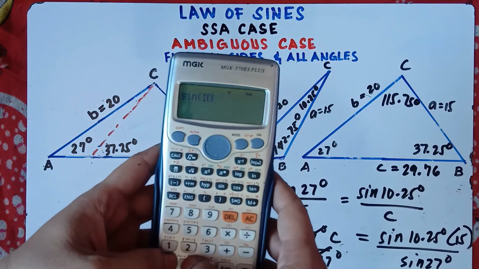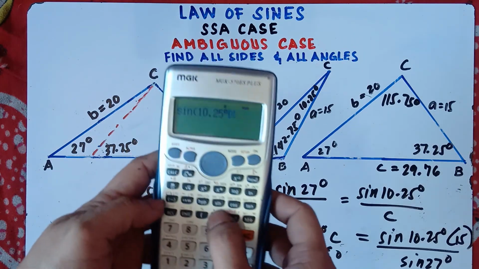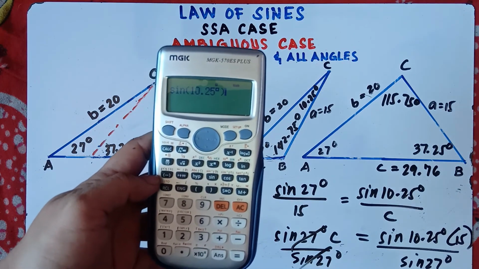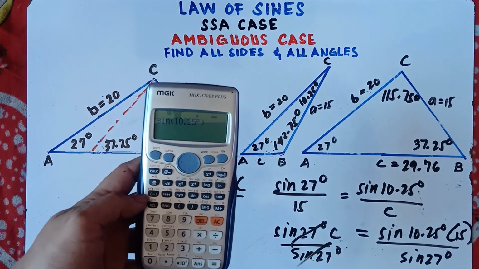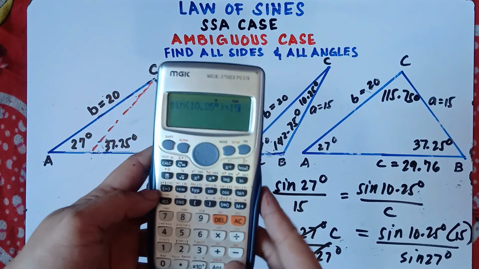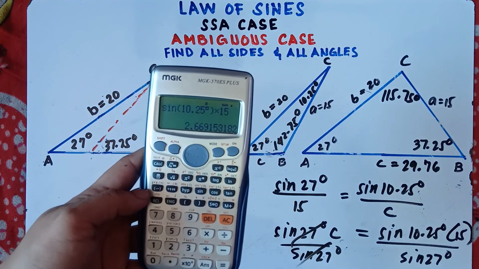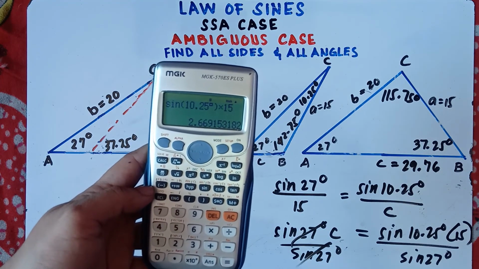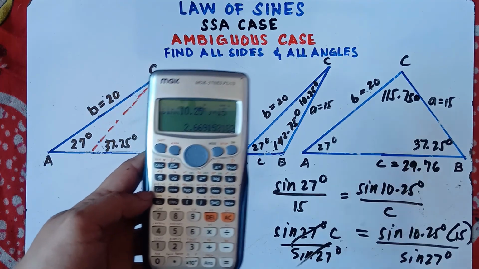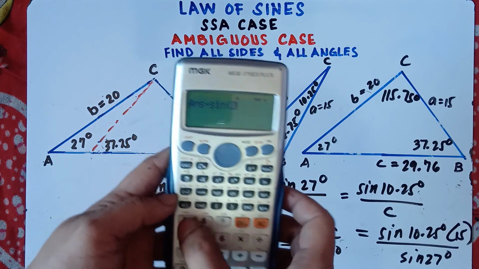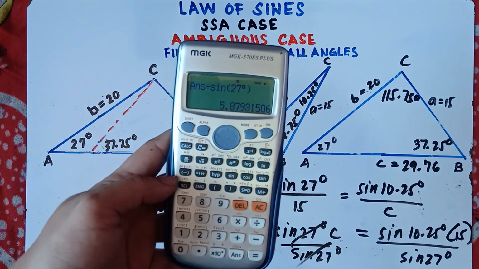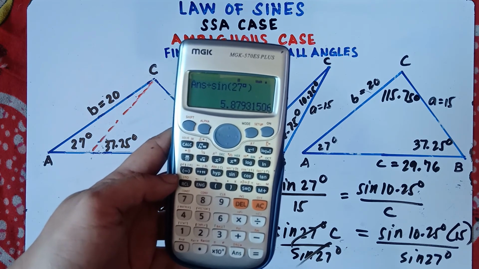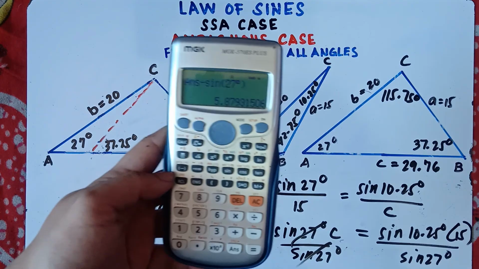So you simply use the calculator. Sine 10.25 degrees, close parenthesis, times 15 equals 2.6691 and so on. Divide by sine 27 degrees, close parenthesis, and you will have 5.879.